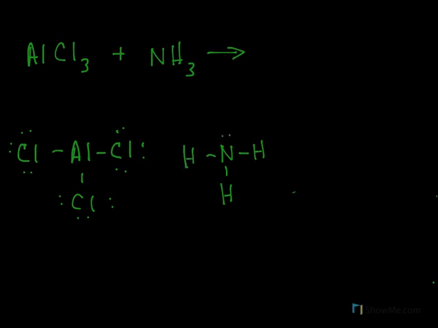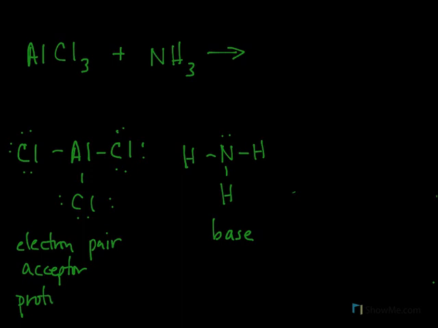Now, ammonia here is going to act as the base. It will actually donate a pair of electrons to aluminum. Aluminum is going to be an electron pair acceptor. It is not going to be a proton donor. It does not have a proton to donate.